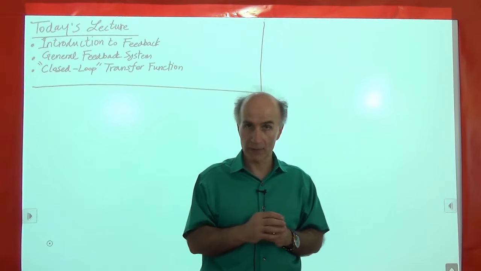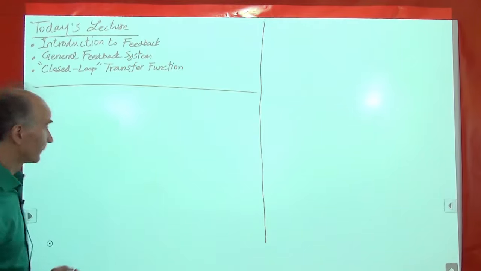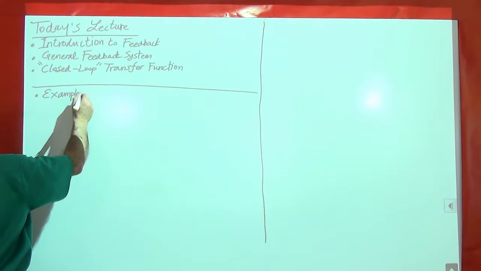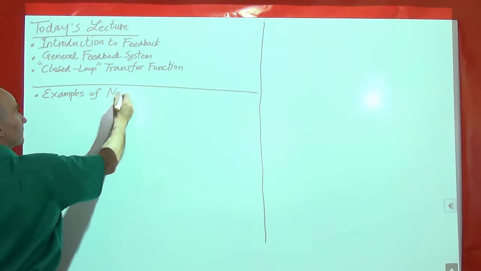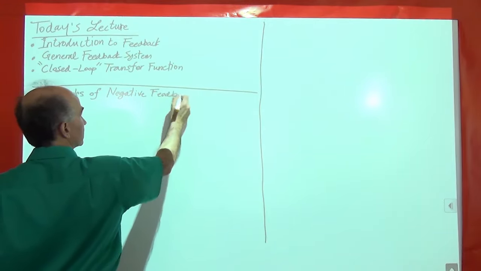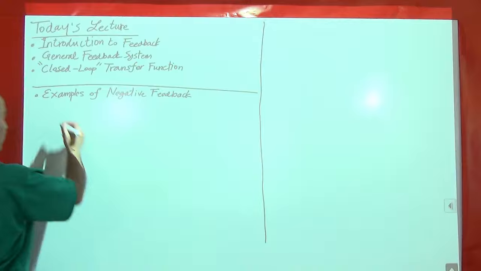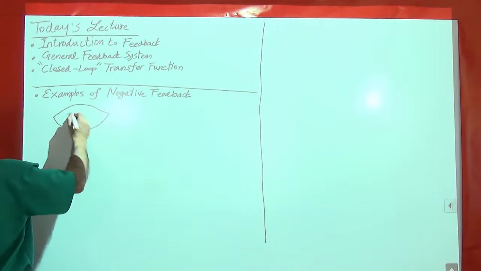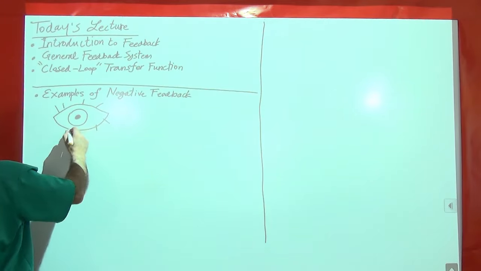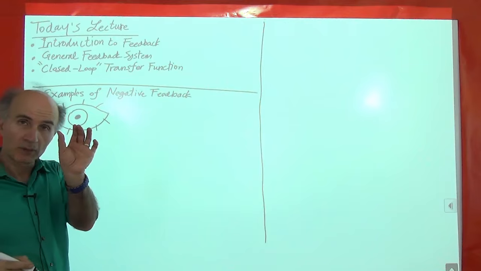So let me give some more examples of negative feedback to see how it plays a role in everything that we do. Well, our eyes. Our eyes have feedback in them. How so? Well, remember what happens when you go from a dark room to a bright room. The size of the pupil shrinks.